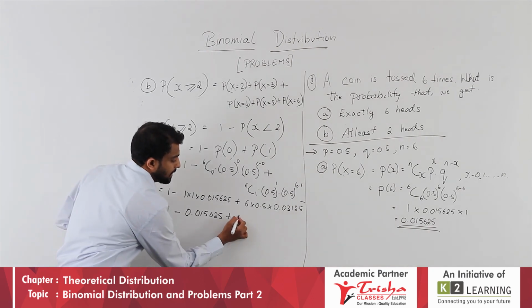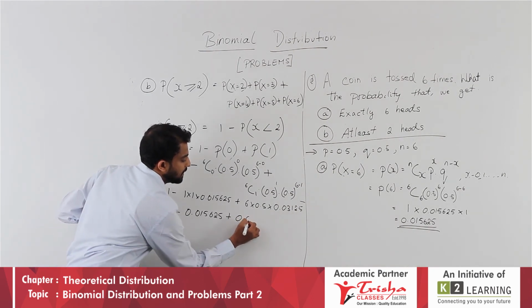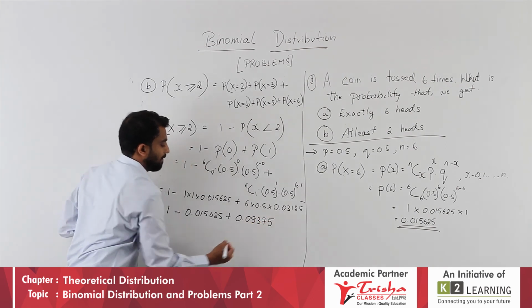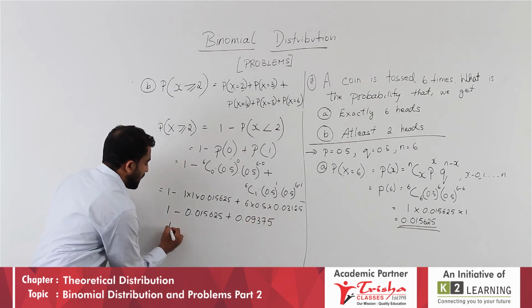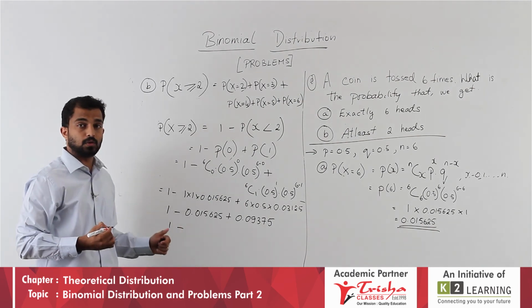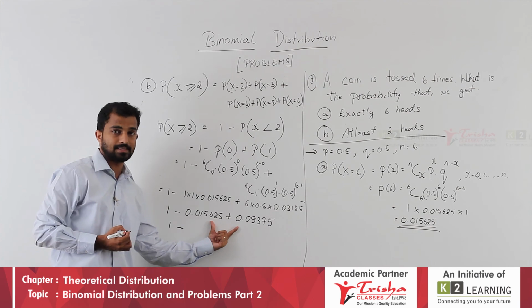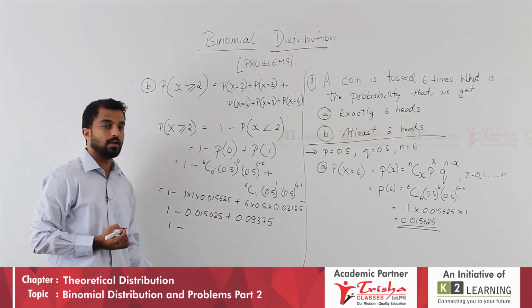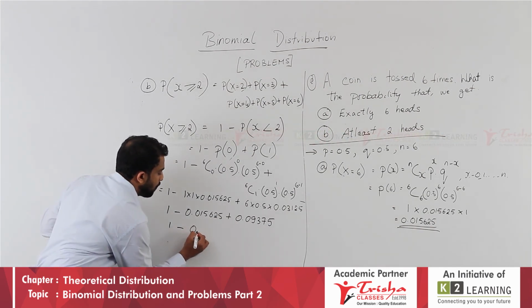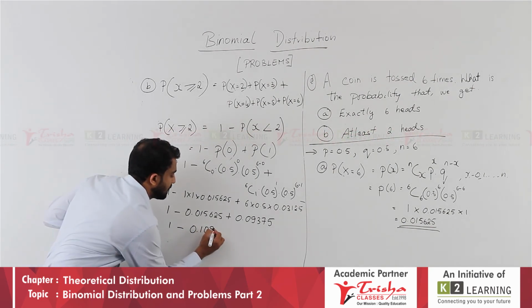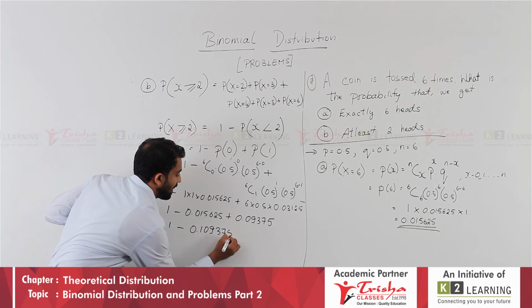You should get this as 0.09375. And now 1 minus, don't forget, always students, you need to add these both first. When we add these both, we will get 0.109375.